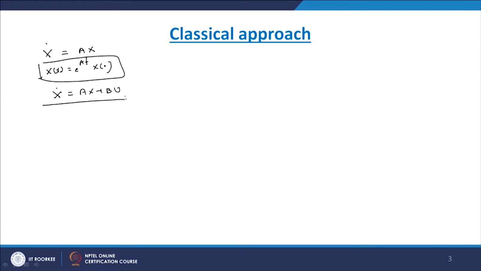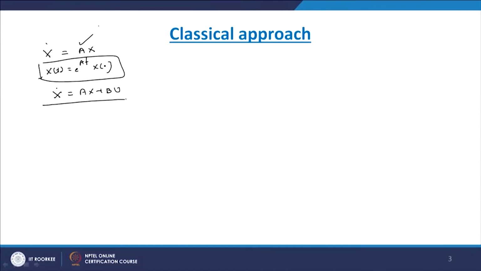Now, for this plant we require a state equation. As I told last time, the state equation plays a very important role, because the states play an important role in the complete behavior of the system, how the state changes from initial time to final time, as well as at t tends to infinity.